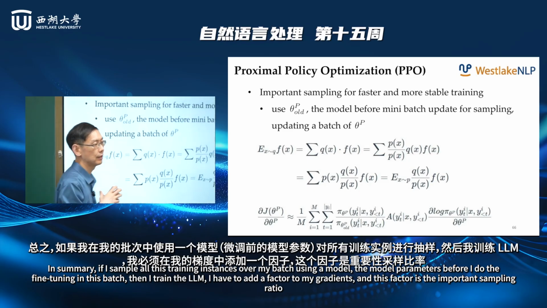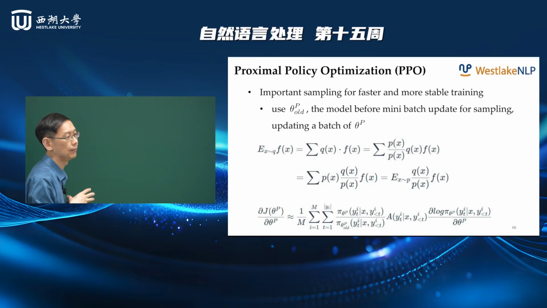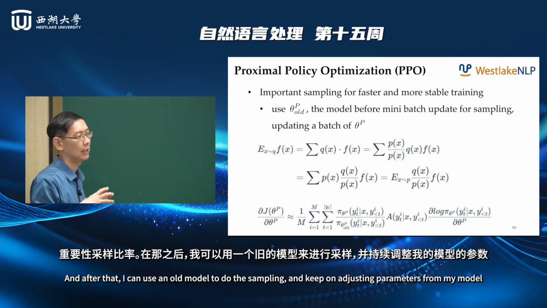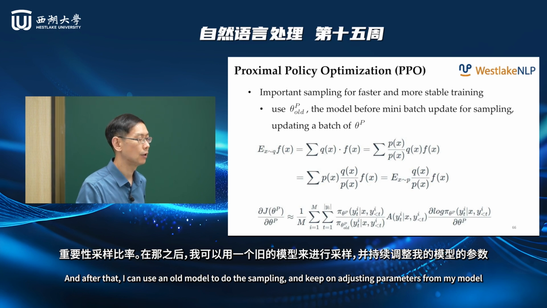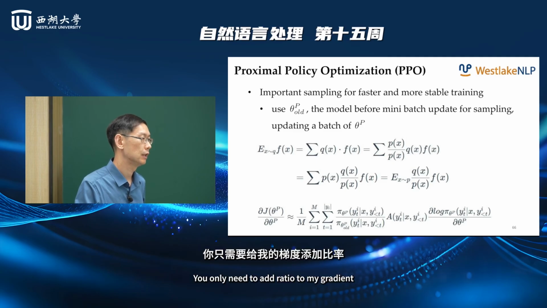This factor is the importance sampling ratio. After that, I can use an old model to do the sampling and keep on adjusting parameters for my model. You only need to add a ratio to my gradient.